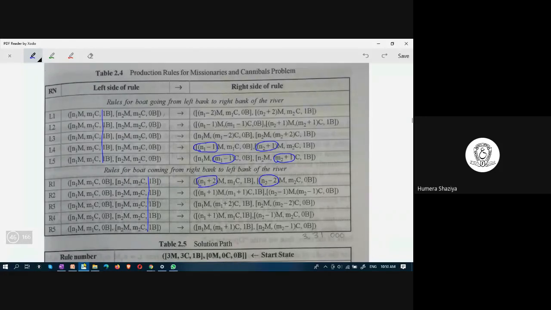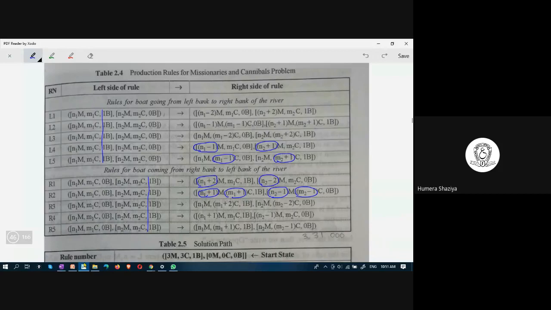Two missionaries are added, and the boat is here at left. In the next rule, R2, you are taking one missionary and one cannibal, and there is no boat at right because the boat is moving from right to left. Here at the left side, you are adding one missionary and one cannibal, and the boat is at left.